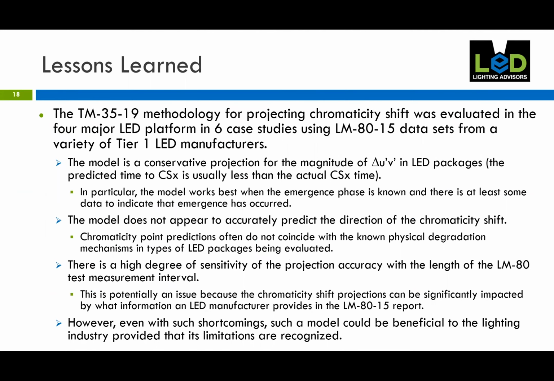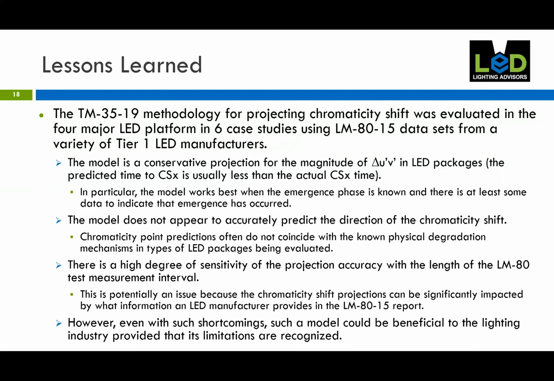So to wrap up, I'd like to discuss the lessons learned from these 6 case studies in how TM35 projects the chromaticity shift mechanism from the LM80-15 datasets that we collected from a variety of Tier 1 LED manufacturers.